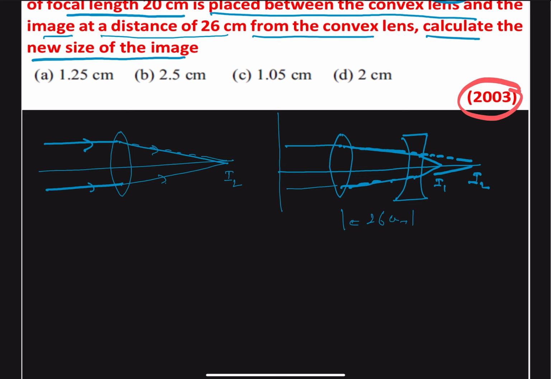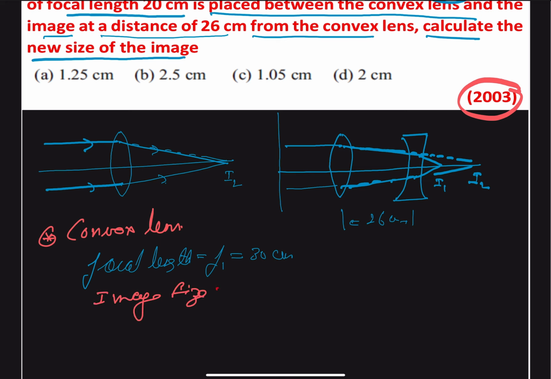So initially the focal length of the convex, let us suppose that is our f1, and image size of convex, let us suppose that is h1. You can see for convex lens, focal length is, let us suppose, f1, which is given as 30 centimeter, and image size let us suppose that is h1, which is given as 2 centimeters.